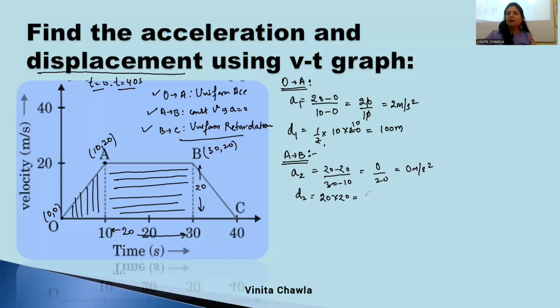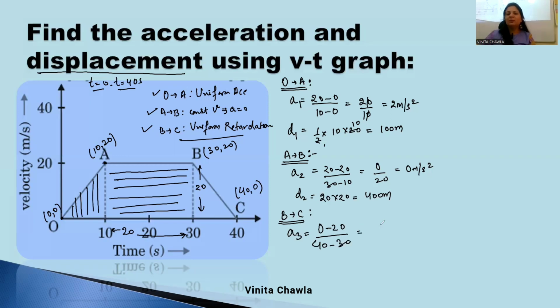It's 400 meter. Now we will take B to C. From B to C, acceleration is, again, write the coordinates of point C. It's (40, 0). So it's y2 minus y1, so write 0 minus 20 upon 40 minus 30.